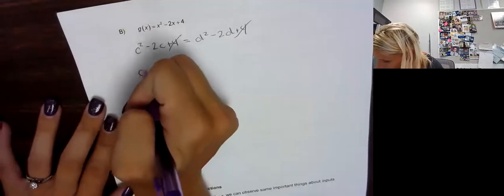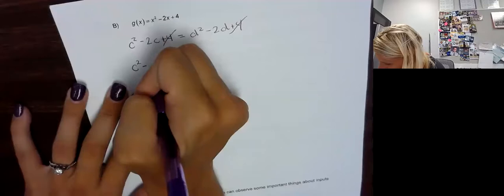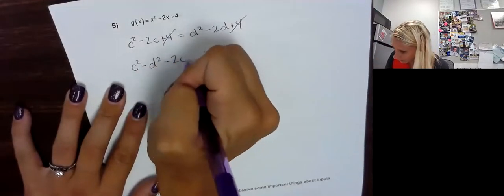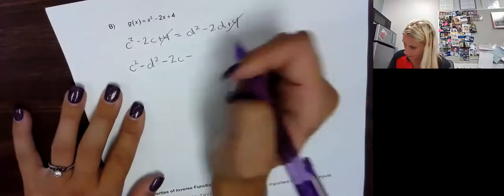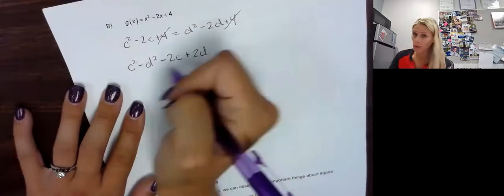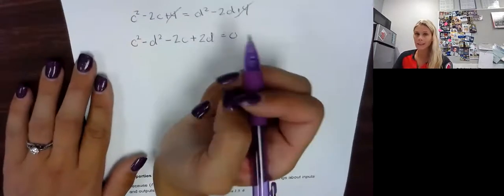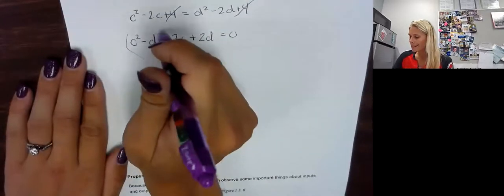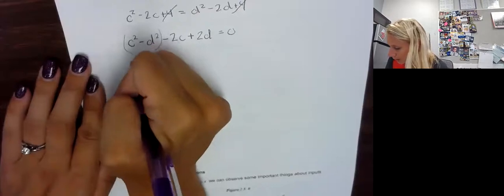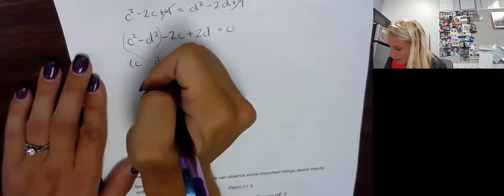So we get c squared minus, and let's put the squares together, minus d squared, minus 2c plus 2d. You have to add it because we're going to the other side, and set that equal to 0. Now, I want to show you guys something because this is something you might not think of. Right here is the difference of two squares. What does that mean? Well, difference of two squares, remember, means you can take the square root of both, and then we have a plus and a minus.